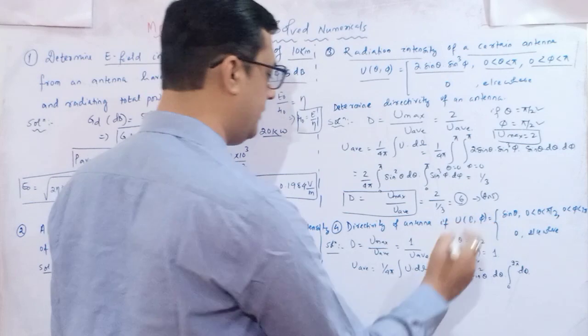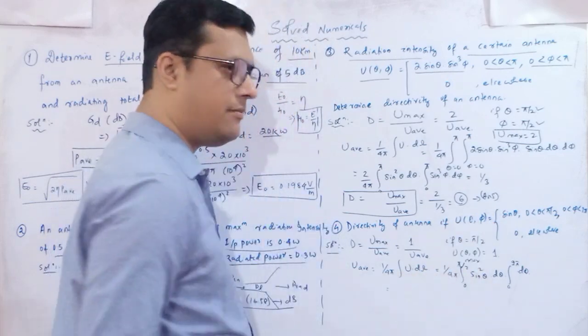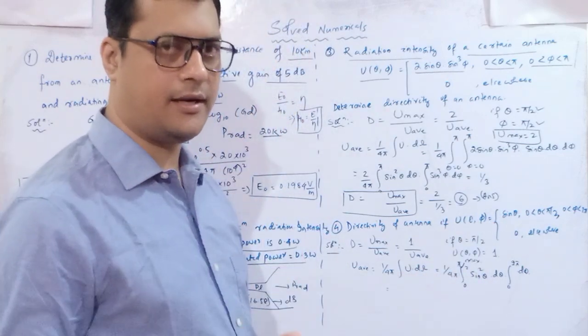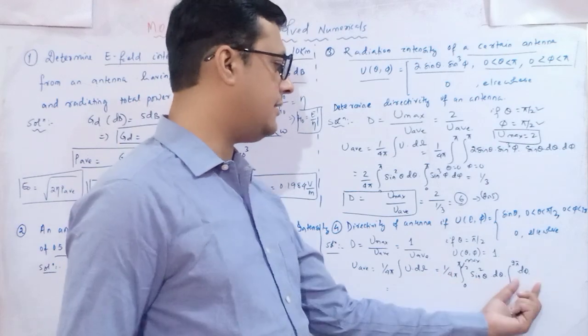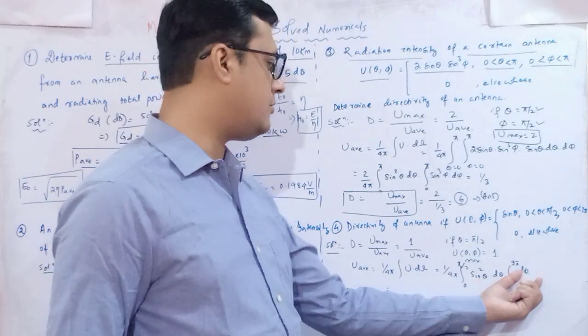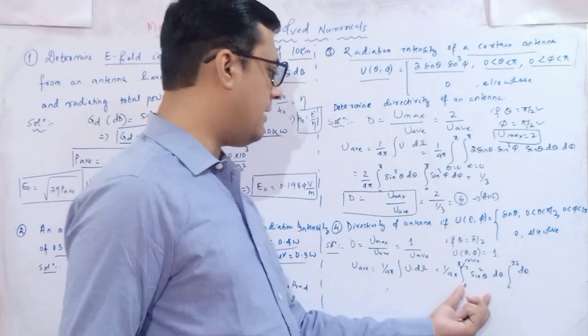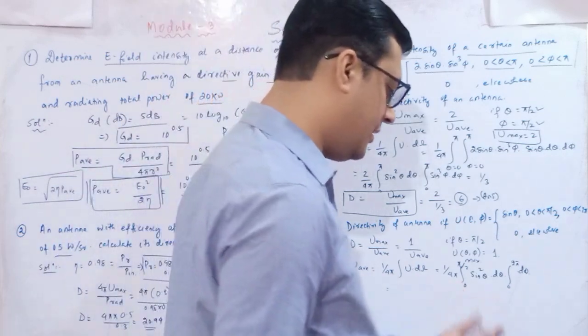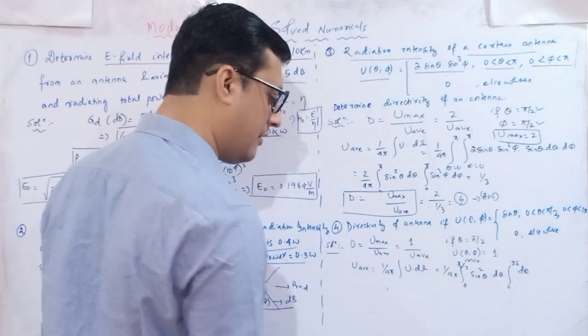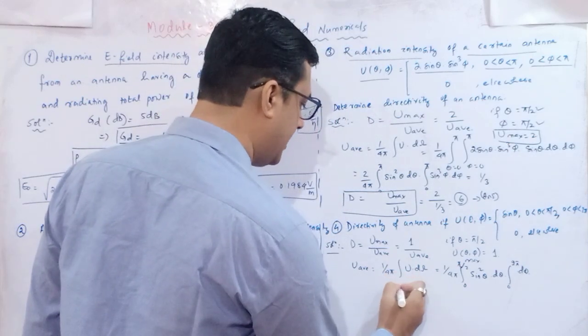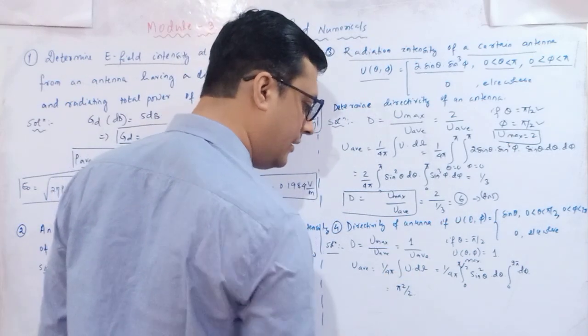Now solve this. Sin square theta means 1 minus cos 2 theta divided by 2. This d phi will become 2 pi, so this 2 pi and this 1 by 4 pi will become half. After solving sin square theta, you will get pi square by 2.